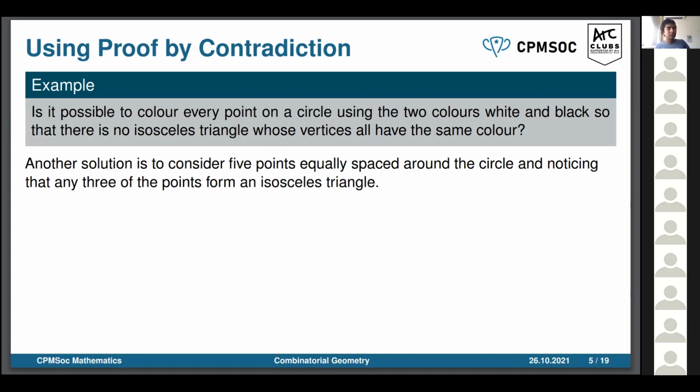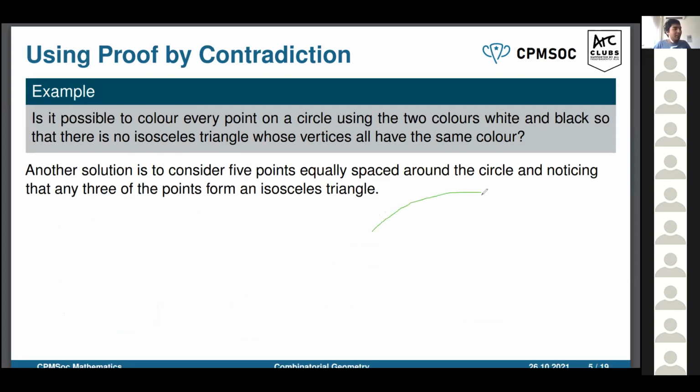There's actually a much quicker solution to this question, and this uses another combinatorial technique, which is the pigeonhole principle.